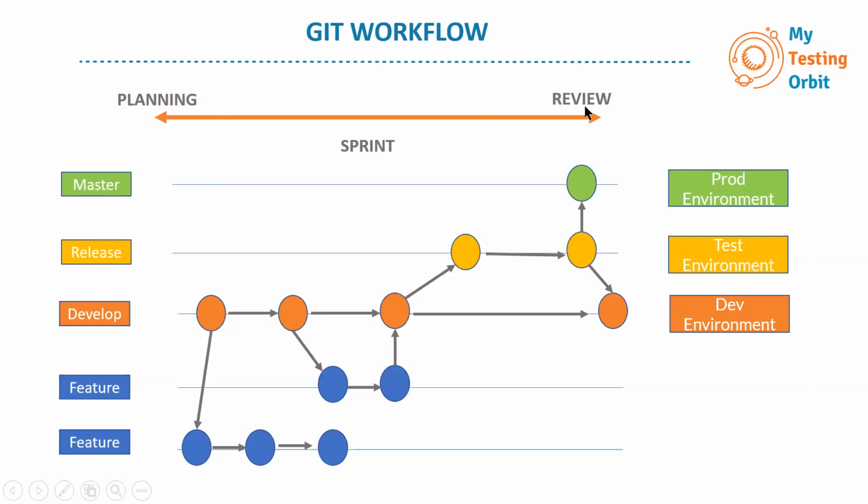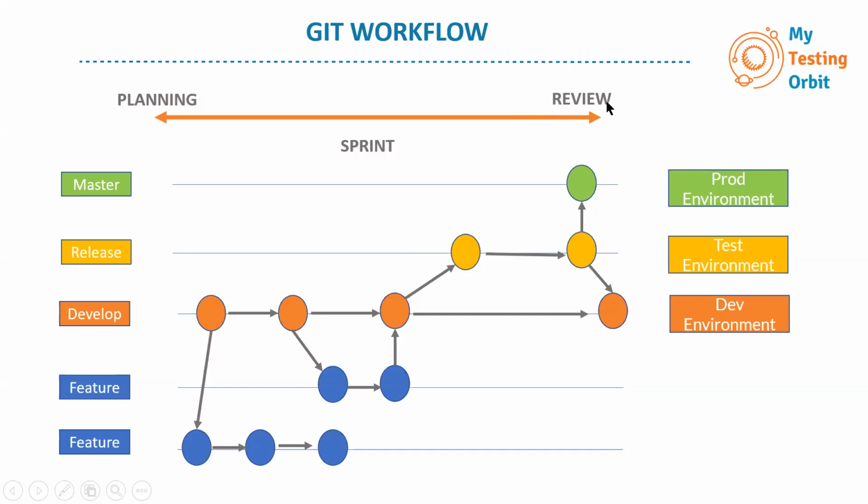What it shows is that when we start a sprint, we start every sprint fresh with new features to work on, and then gradually through the sprint it progresses from the feature branch to the develop branch, then the release branch. And at the end, when it's the review time, all the stories which we have planned in that sprint are done, and they are ready for review. That's the time when you review in the sprint.